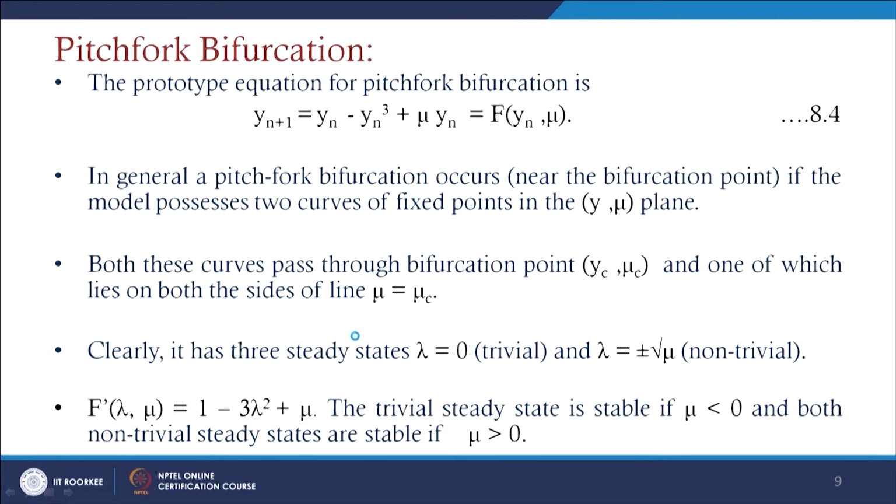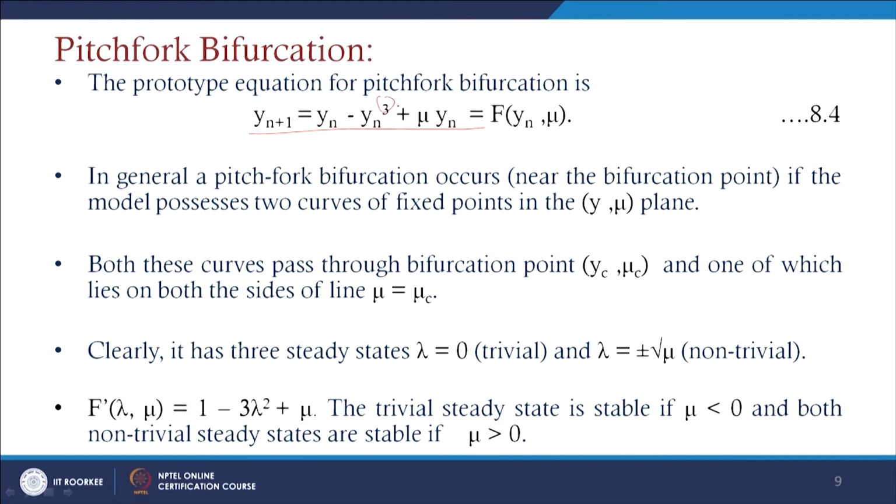So, now let us go to pitchfork bifurcation, the last bifurcation we want to discuss here. The prototype equation for pitchfork bifurcation is y n plus 1 equals y n minus y n cubed plus mu y n. If you see our previous prototype equations, here we have extended by one power.